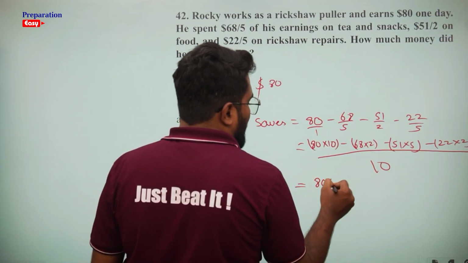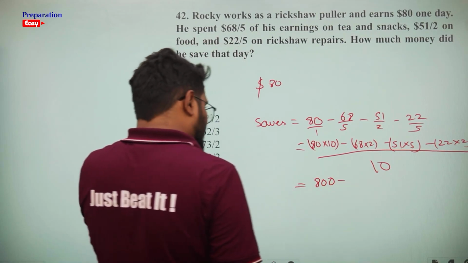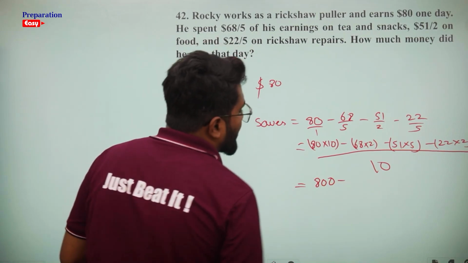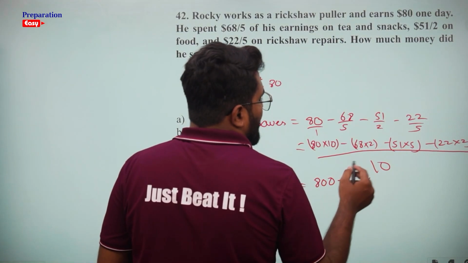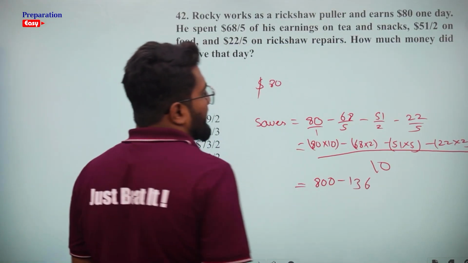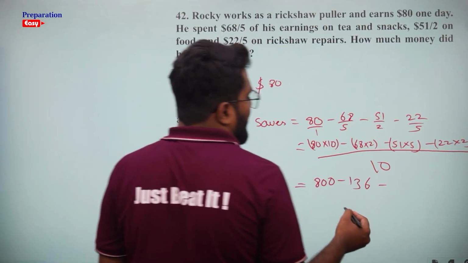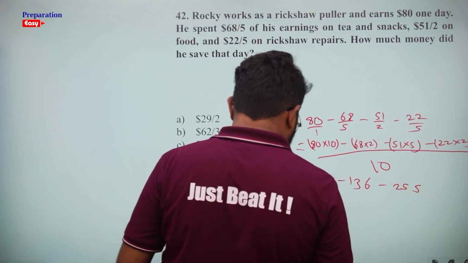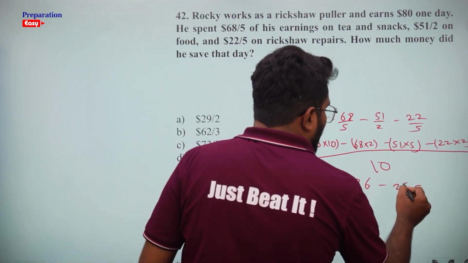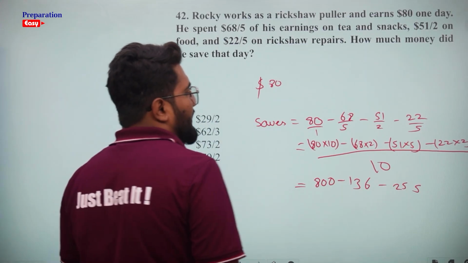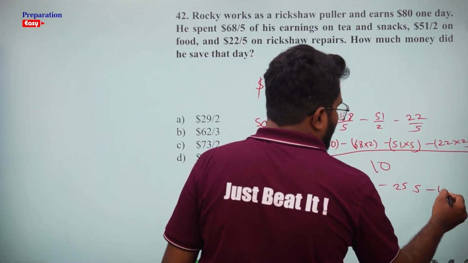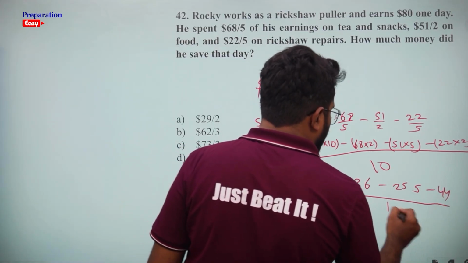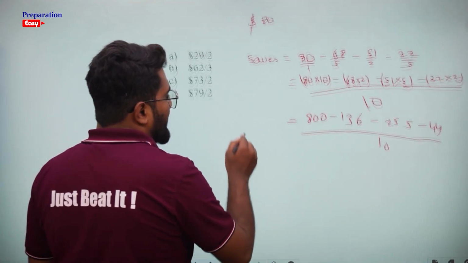800 minus 68 into 2, which is 136, minus 51 into 5, which is 255, and then minus 44, divided by 10.